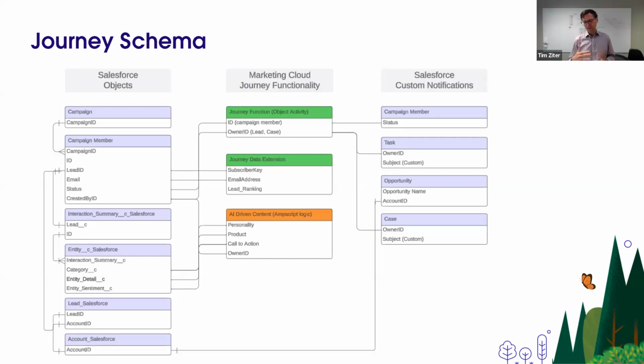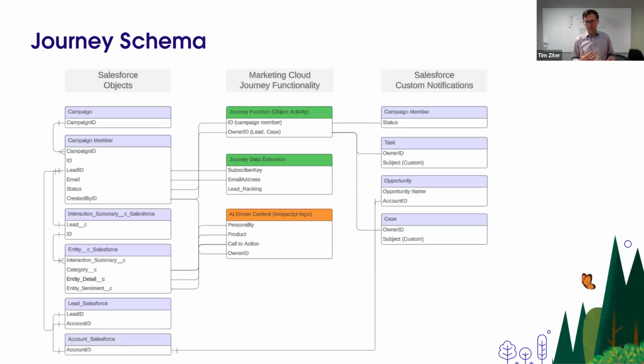Then that's fed into the center area for Marketing Cloud to cover a couple of different areas. Number one, determine the basic data we need to send our communication, something like a subscriber key or an email address, which is pretty straightforward. Then we're pulling in that AI data to influence Marketing Cloud.